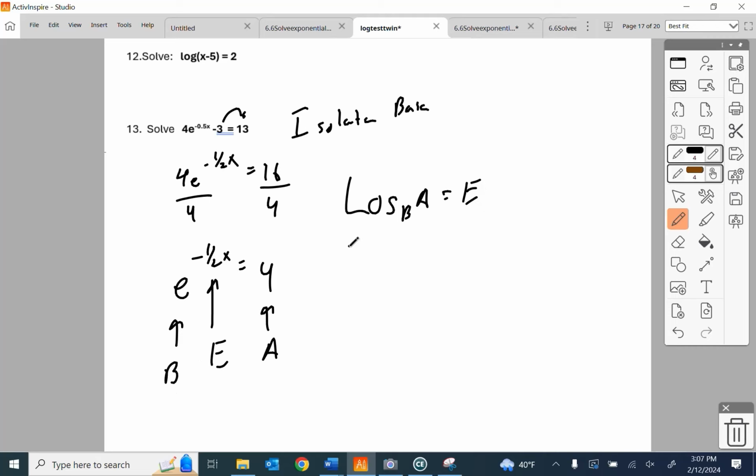So I just plug in. I have a log base e. Its argument is 4. It equals negative 1/2 x. You can keep the decimal if you like. That becomes ln 4 equals negative 1/2 x. And what I'm going to do is divide both sides by negative 1/2.